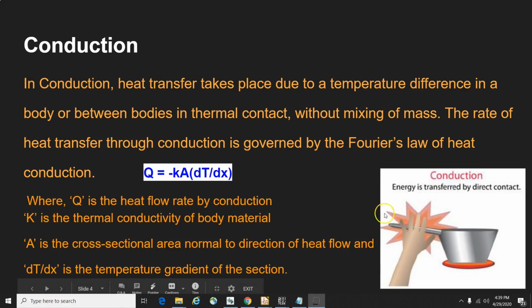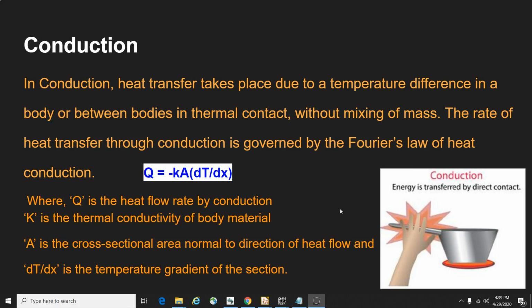In this picture, it shows how energy is transferred directly by being in contact with this pan which is on a high flame. If the thermal conductivity is high, then we can say that the material is a good conductor.